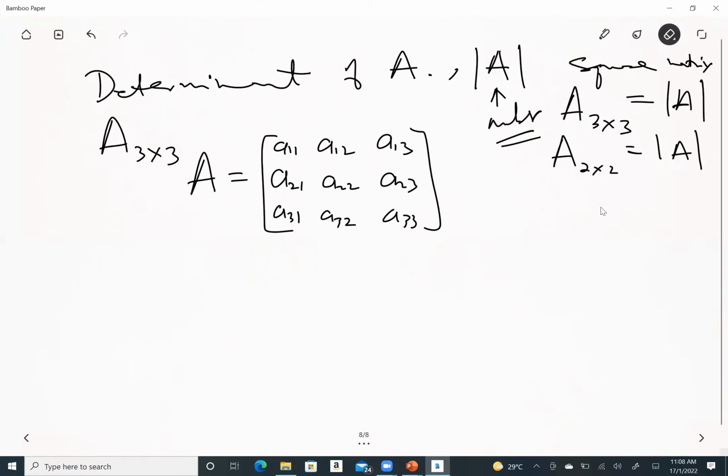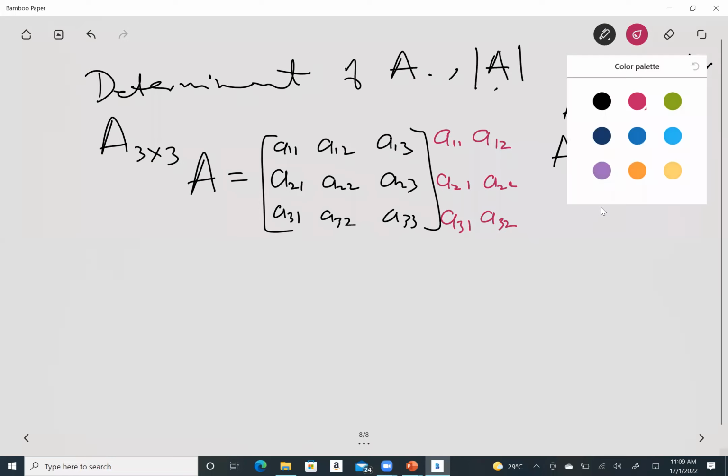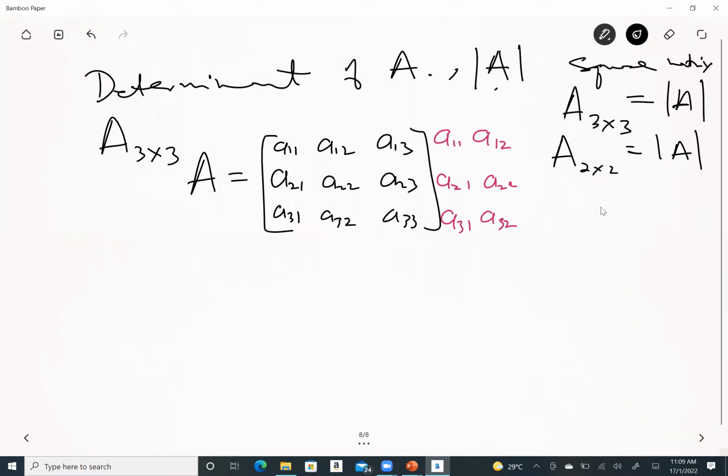In this method, you just rearrange the numbers. So I put the first row here, and then the first column, and then the second column, I put here. All right. So what you do next is this. You multiply all the elements in the primary diagonal and add them up.